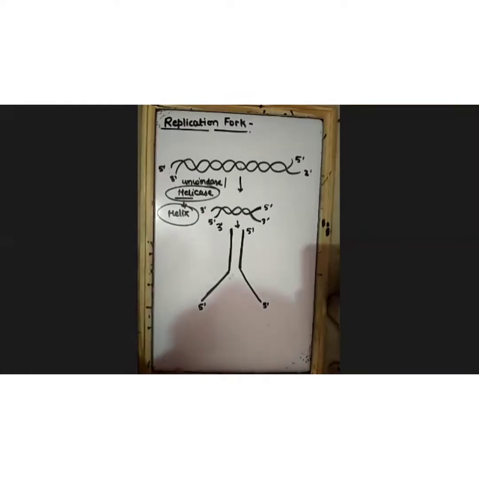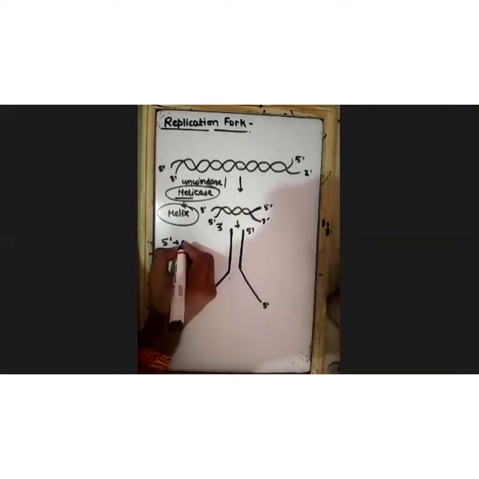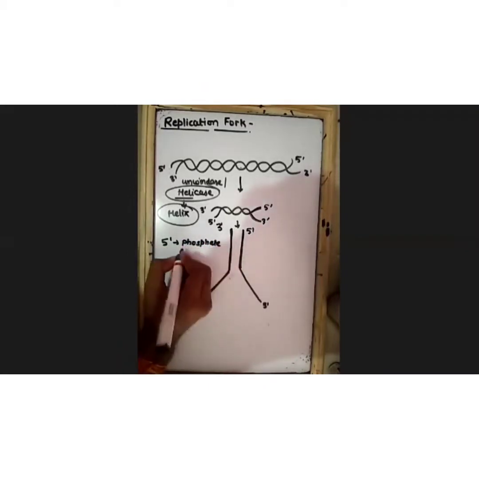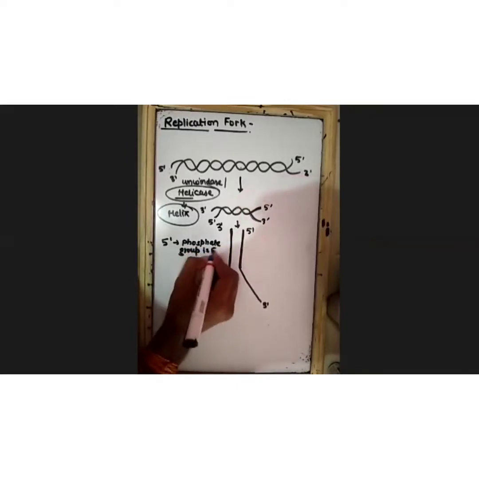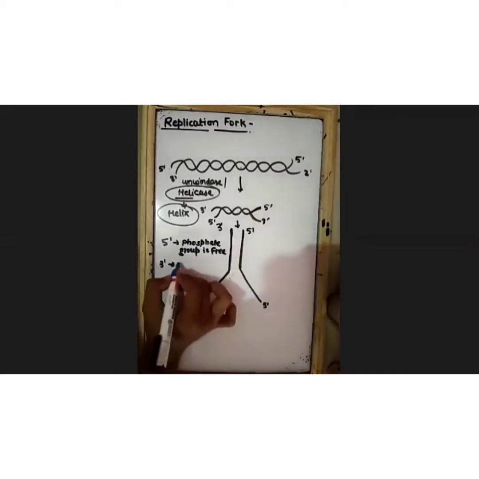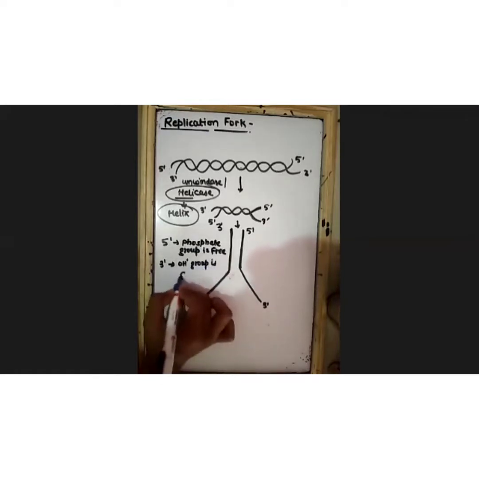Now, what is the 5 prime basically? 5 prime is the end of the DNA strand on which the phosphate group is free. What is the 3 prime? At the 3 prime, the OH group is free.